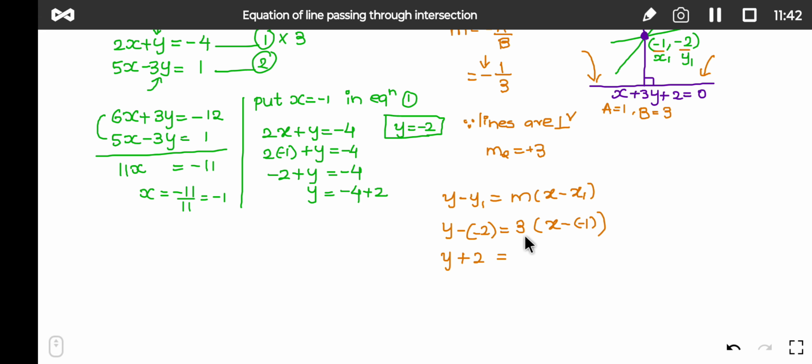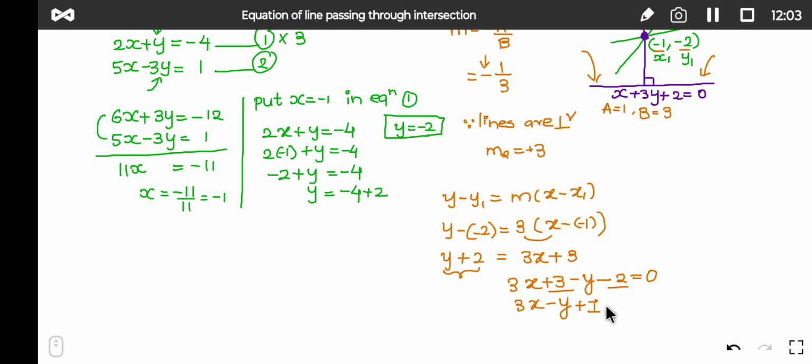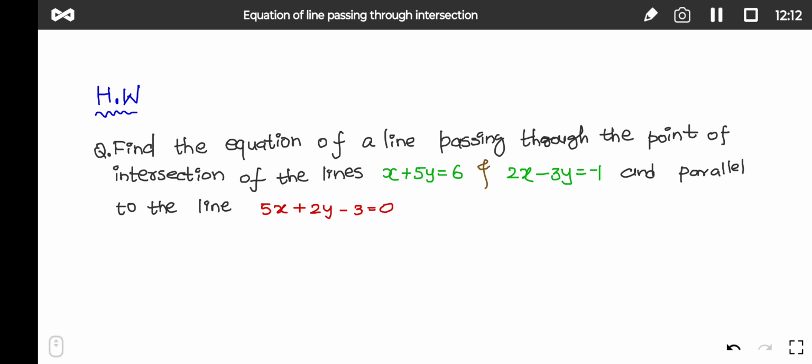If you multiply 3 inside, 3 into x is 3x, and minus minus gives plus 3 into 1, which is 3. If we take both terms to the right hand side, we'll get 3x plus 3 minus y minus 2 is equal to 0. So 3x minus y plus 3 minus 2, which is plus 1, is equal to 0. So this is our required equation of a line which is passing through the intersection of the lines.